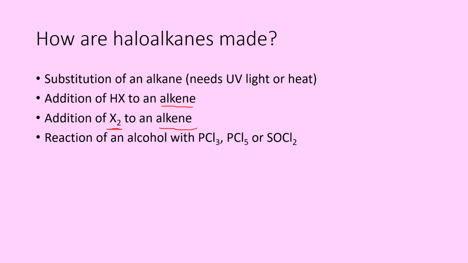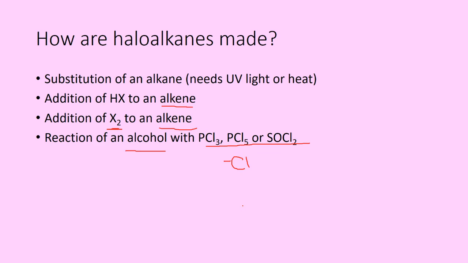Addition reaction across an alkene will give a haloalkane. Or you could react an alcohol with PCl3, PCl5, or SOCl2, and that will get a substitution reaction, and you would get Cl atoms attached and replace the hydrogen atom.